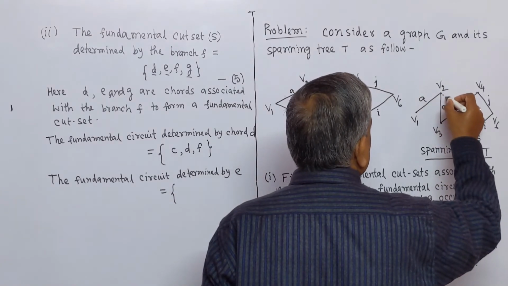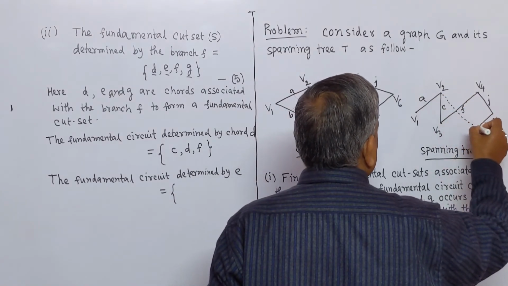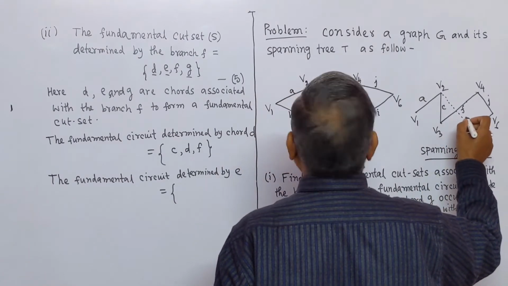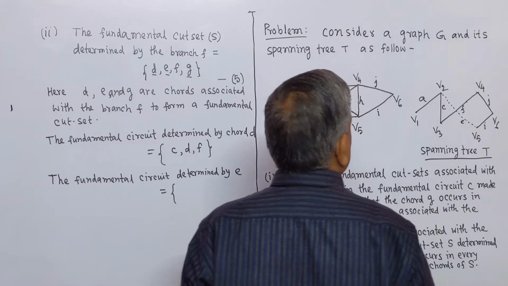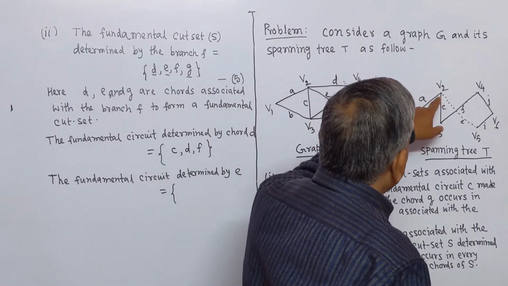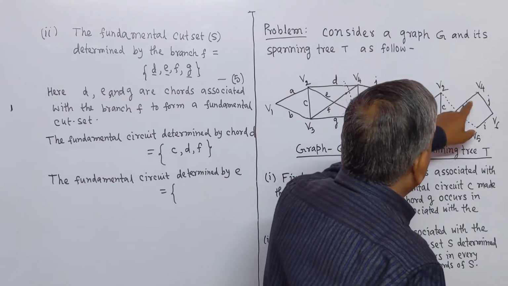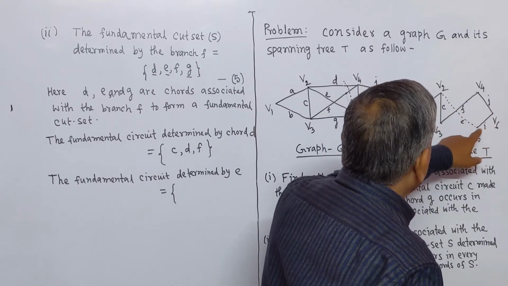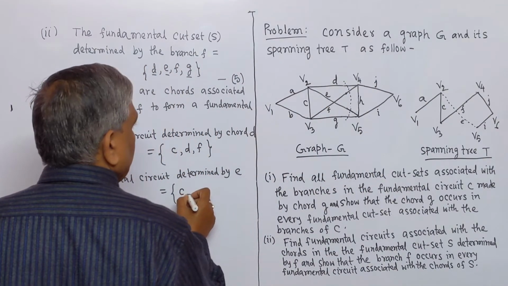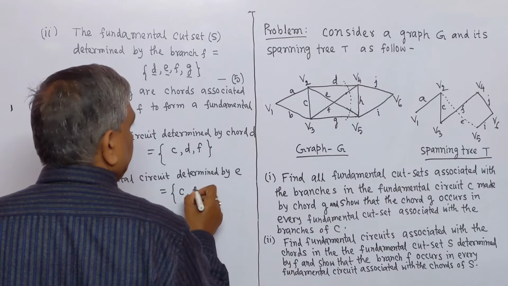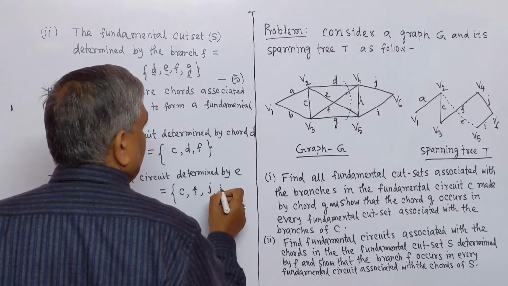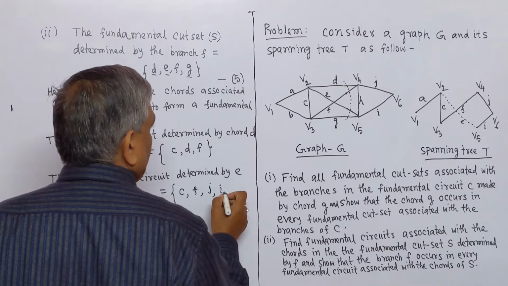This is E. So our circuit will be CFJIE.